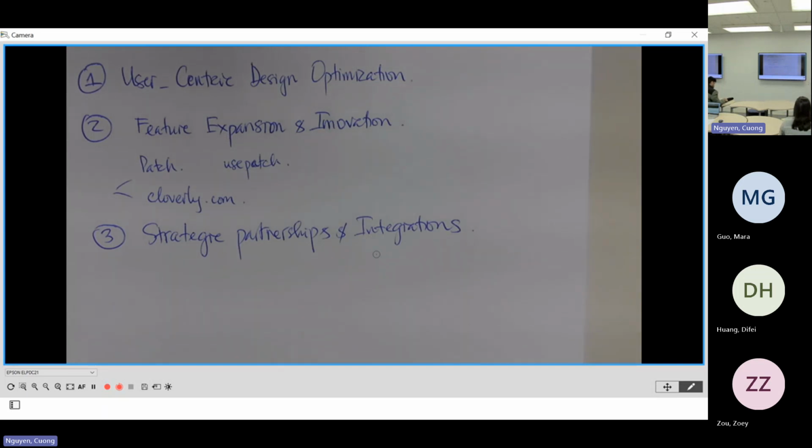Normally strategic partnership and integration is very important because a fintech startup is a very young company, and they want to leverage customer base and customer information to make their product popular.